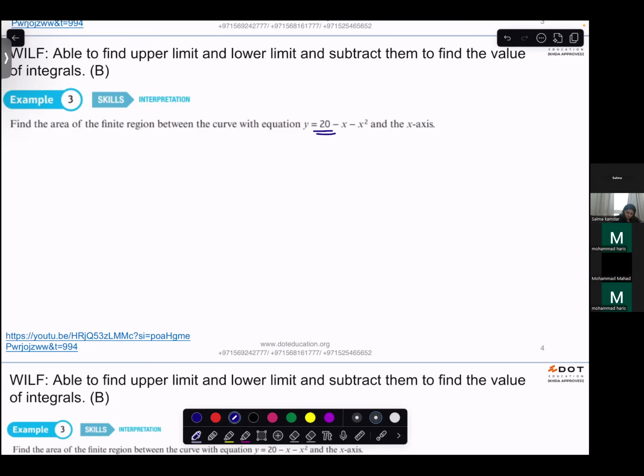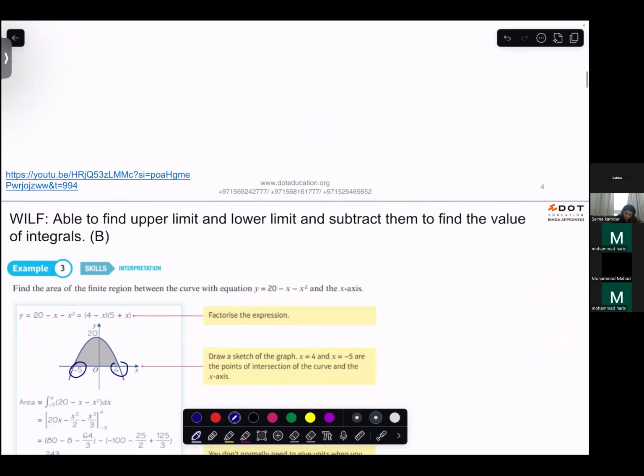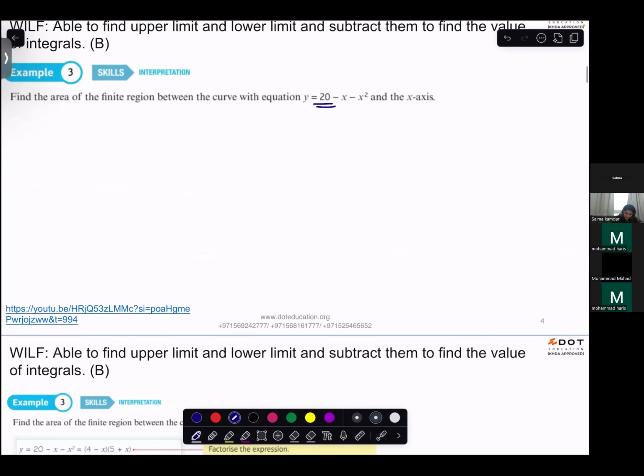Find the area of the finite region between the curve y is equal to 20 minus x square and the x-axis. Since I want to find the finite area under the curve, I need to know where my curve hits the x-axis.